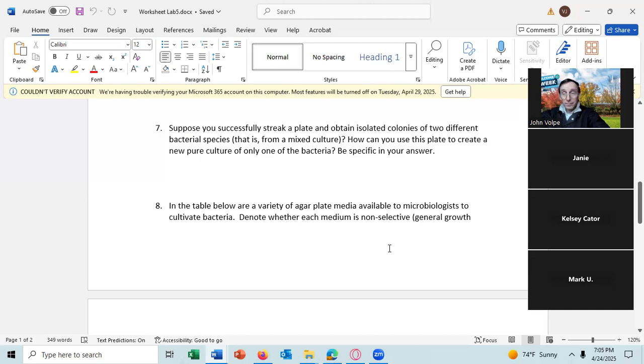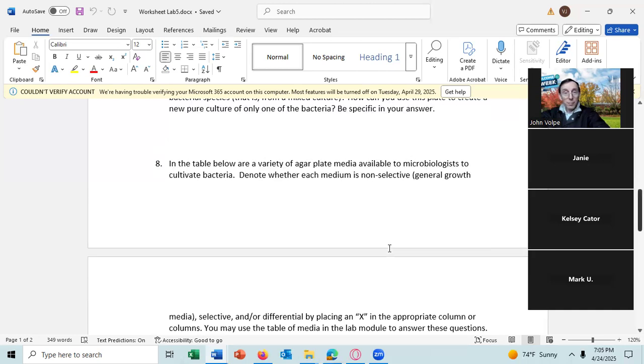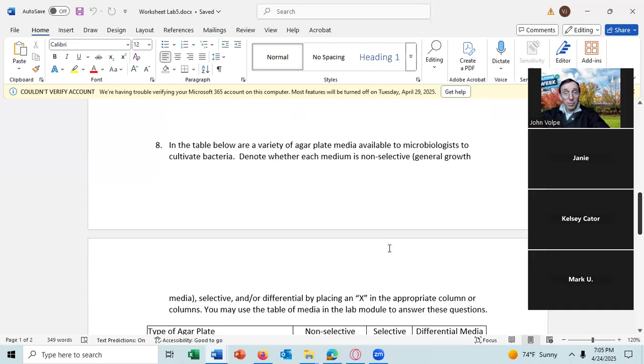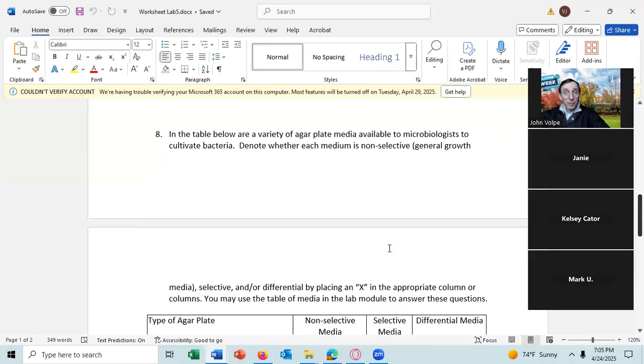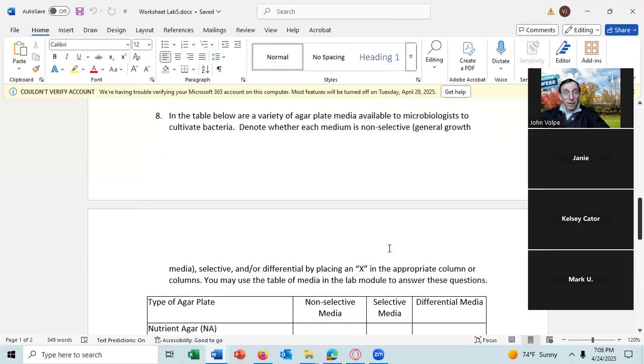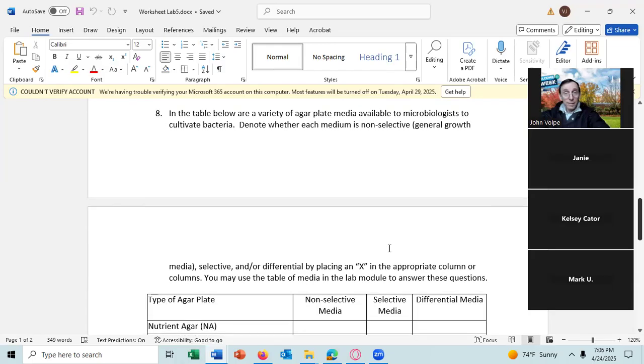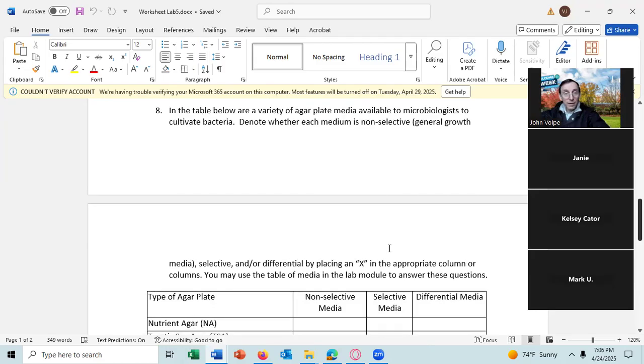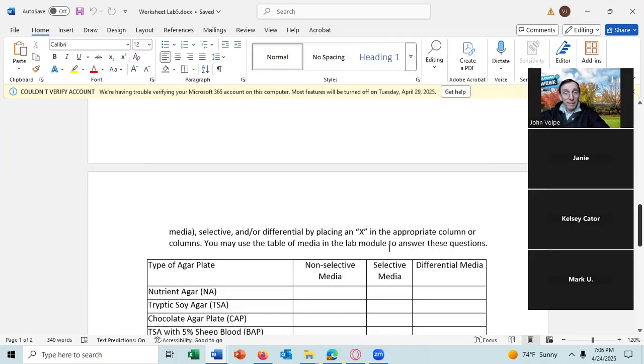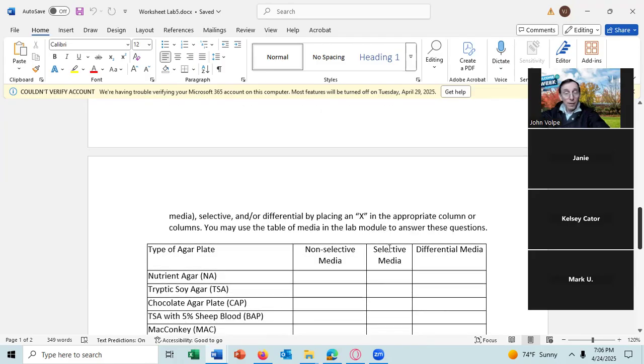8. In the table below are a variety of agar plate media available to microbiologists to cultivate bacteria. Note whether each medium is non-selective, a general purpose media, selective, and or a differential media by placing an X in the appropriate column or columns.